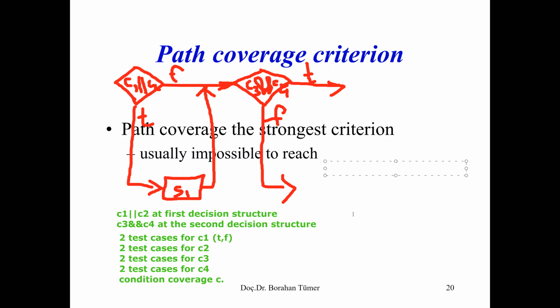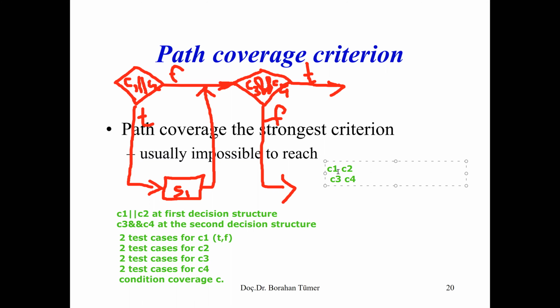Okay, what did we do for the multi-condition coverage criterion? We have C1, C2, C3, and C4. We have four predicates, right? For multi-condition coverage criterion, what do we need to have?